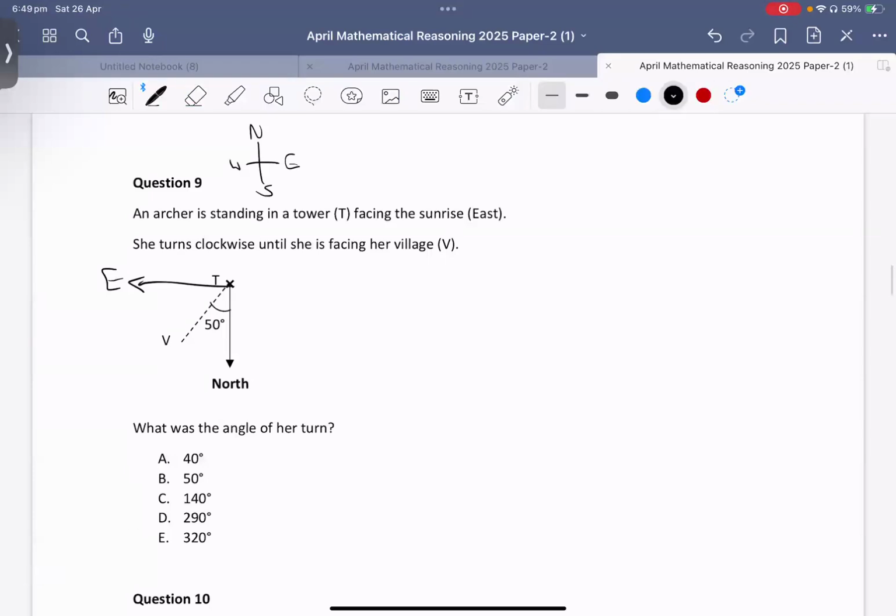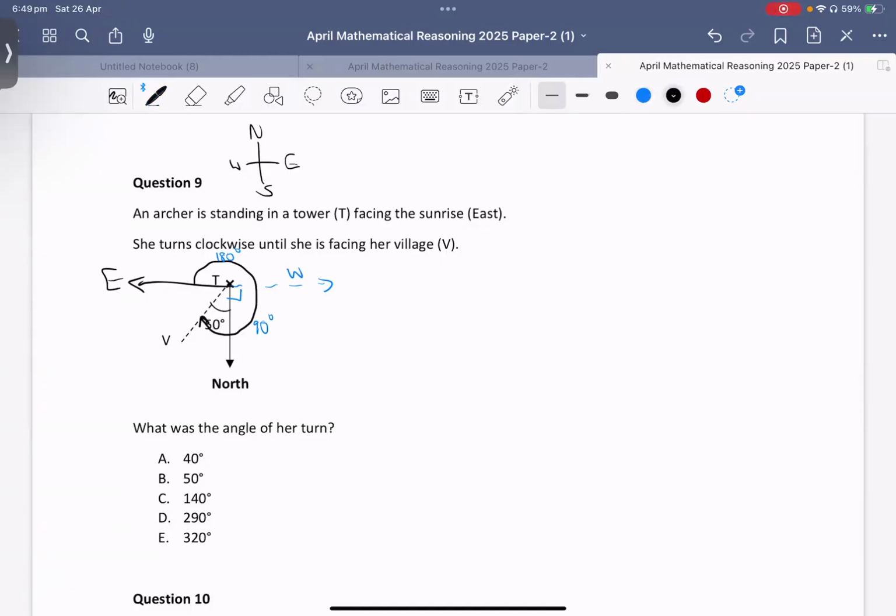So clockwise is going to be this way. She's going to turn this way until she reaches her village. So let's draw that out. We know that from where she's facing at the moment to east, for her to get to west, she needs to turn 180 degrees. Then from west to north, she needs to turn another 90 degrees here. And then she needs to turn another 50.